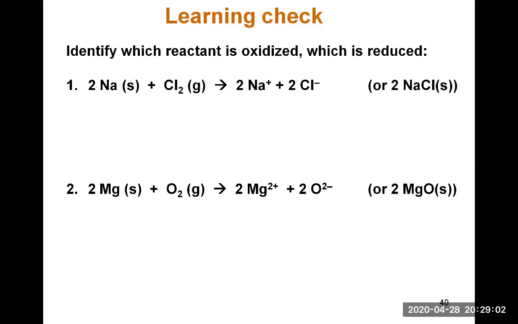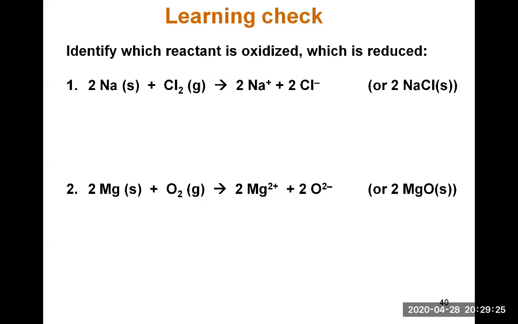So let's look at what we have here. We have 2 Na as a solid, so it's the metal sodium in its elemental state, plus chlorine, the gas. It's a diatomic molecule, and that's the way you find chlorine in nature. So it's in its elemental state also.